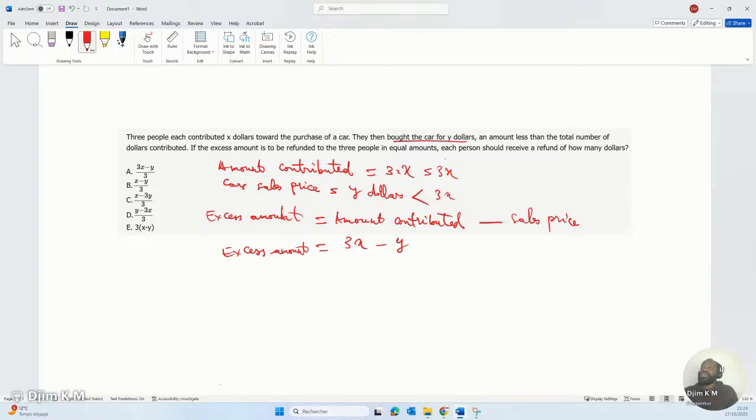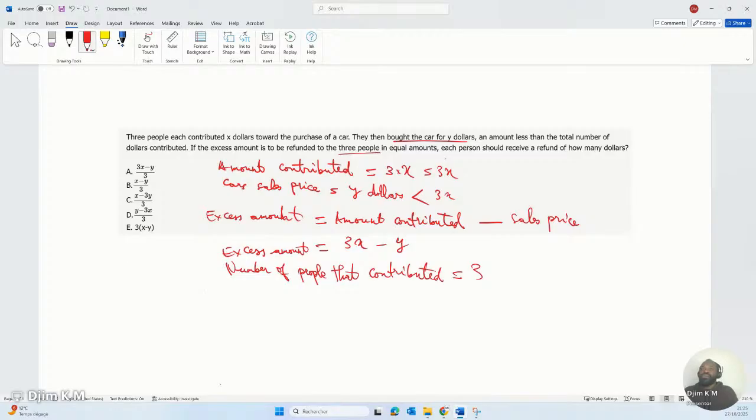So the question is, if the excess amount is to be refunded to the three people. The number of people that contributed is equal to three. So we have to refund this amount to the three people in equal amounts. Each person should receive a refund of how many dollars? So we have to divide the excess amount by three.